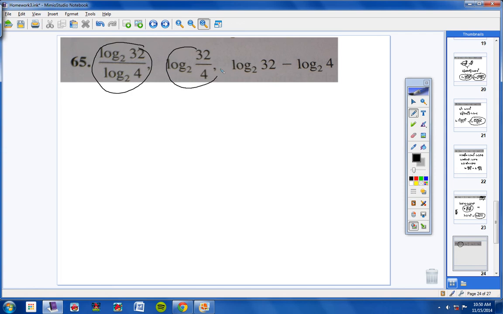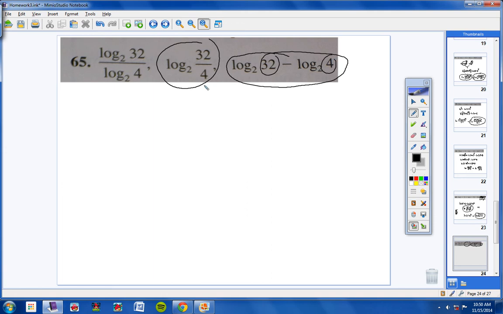Okay? We have not learned any properties that would support that, okay? However, we have learned this. This here, when two logarithms with the same base are subtracting, you can write them like this and divide the arguments. So these two here are equal. Okay, they're equal.